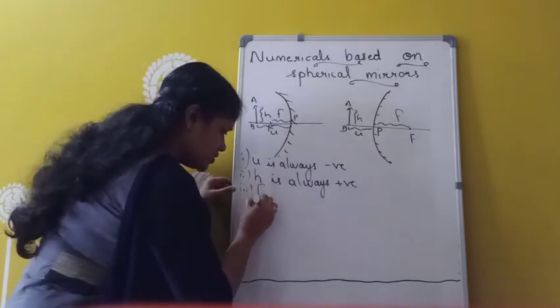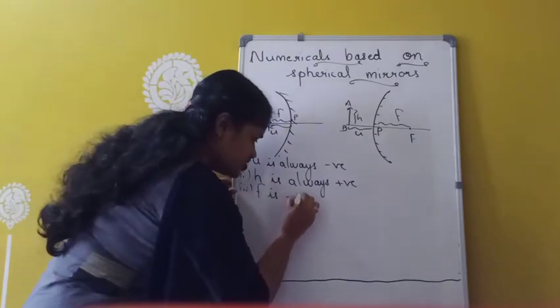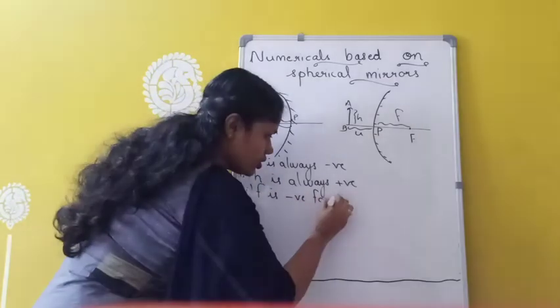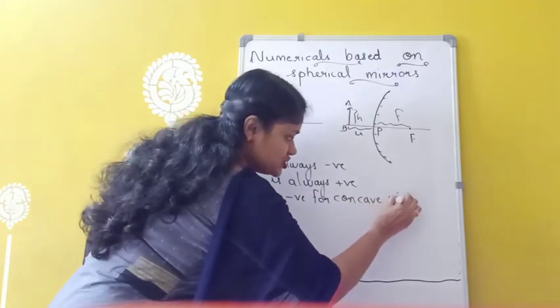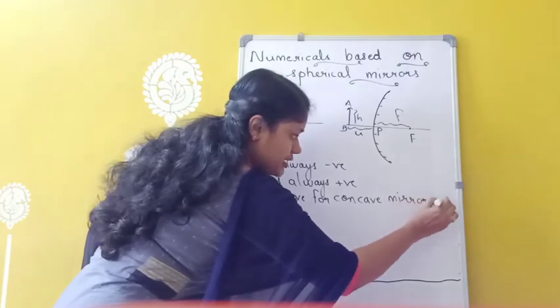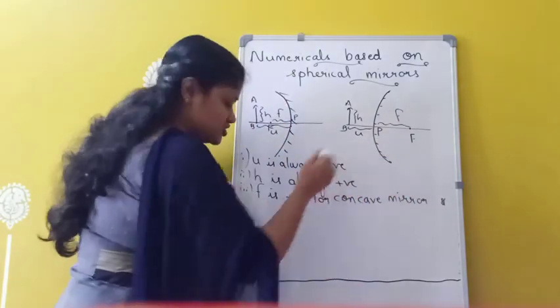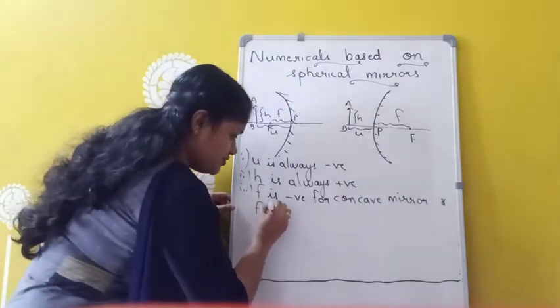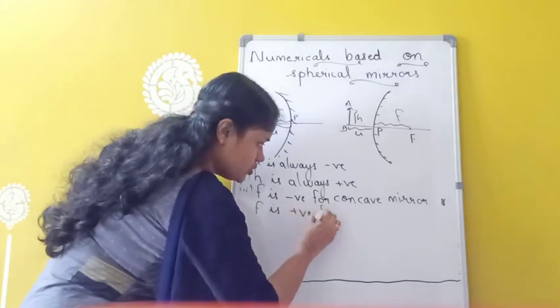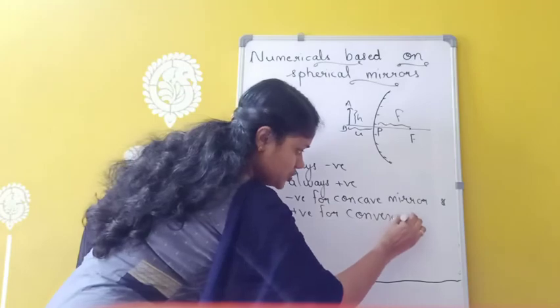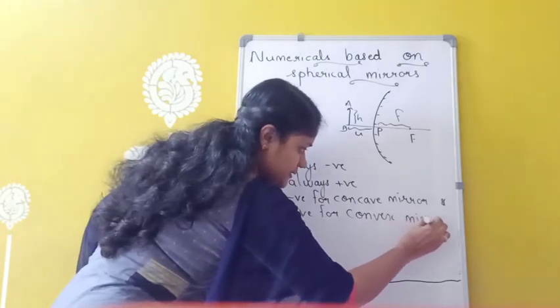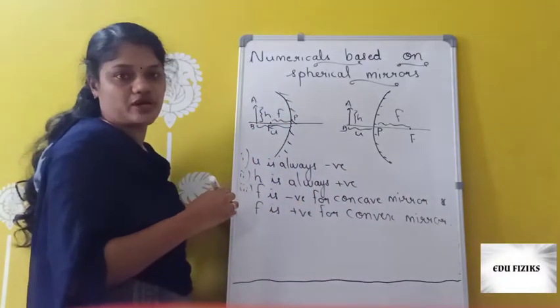Concave mirror. So f is negative for concave mirror, and f is positive for convex mirror. Okay, that is about focal length.